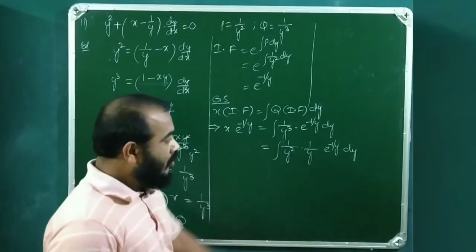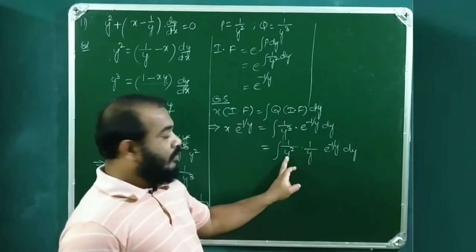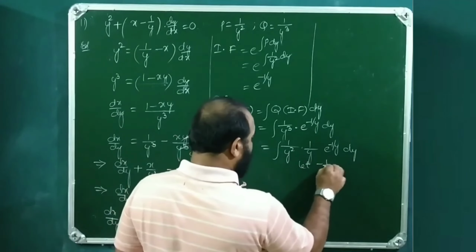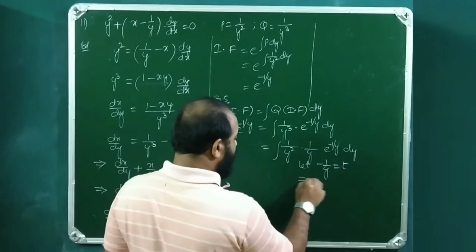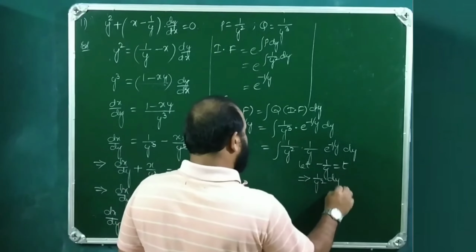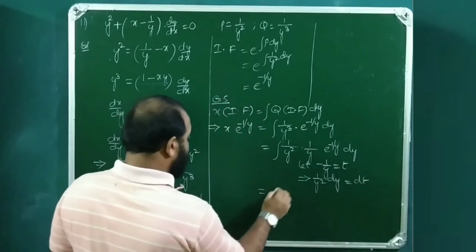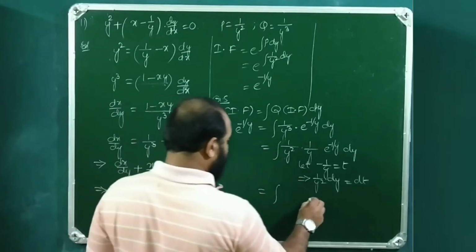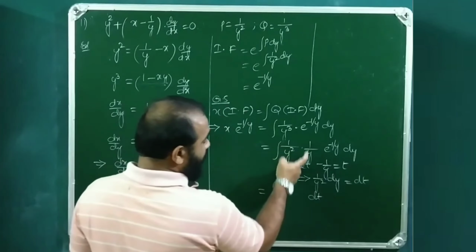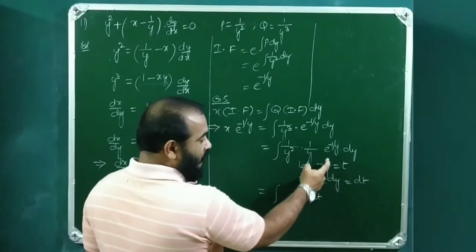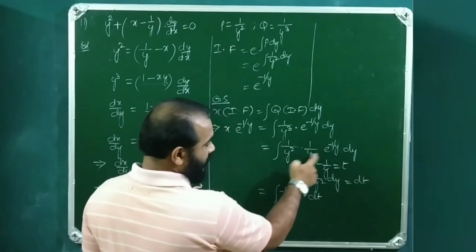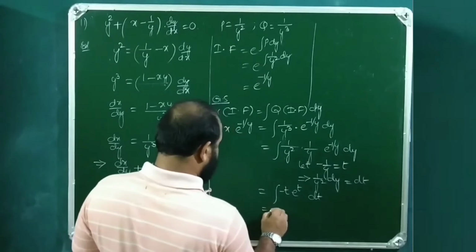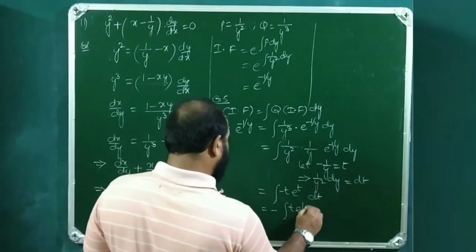Let us take minus 1 by y equals t, since the derivative of 1 by y is minus 1 by y square. Then 1 by y square dy is dt. Here minus 1 by y is t, so 1 by y is minus t, and e power minus 1 by y is e power t. So this is minus of integral t e power t dt.